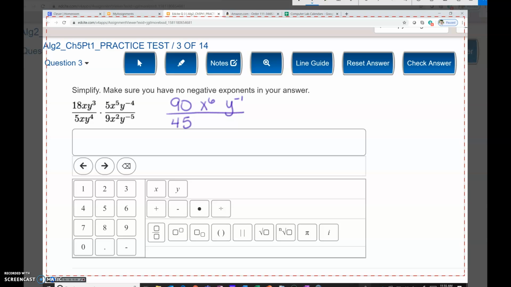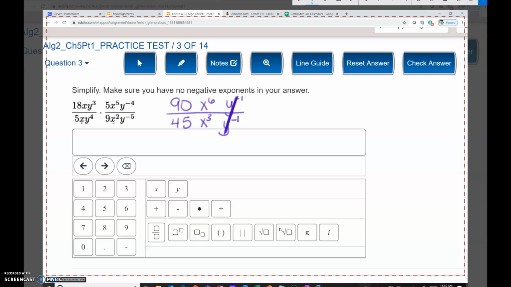When you multiply x times x squared, you add the exponents, so x to the 3rd and y to the negative 1. Do you see how the top and bottom both have y to the negative 1? The 90 over 45 is still just normal numbers.